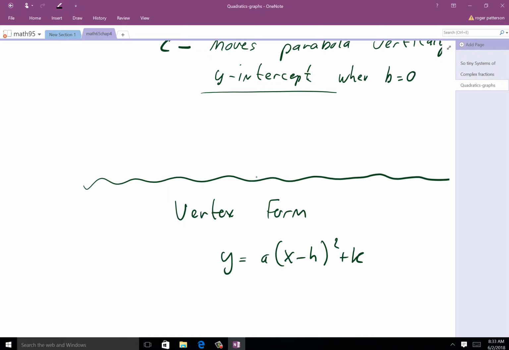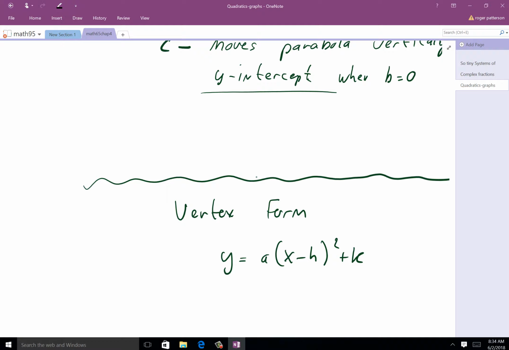If I make this h a negative 5, now my vertex is here, but in the equation, it would be x plus 5 because of negative and negative. So you have to watch for that. It's always going to be the opposite because it's in the form x minus h. The k is okay. That one doesn't make much difference. So that's vertex form.